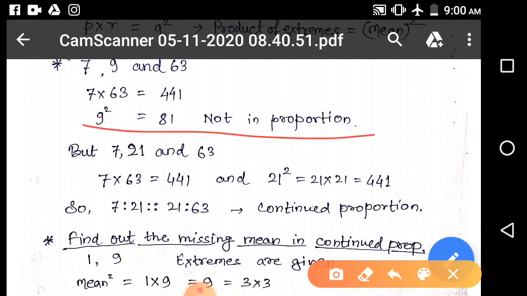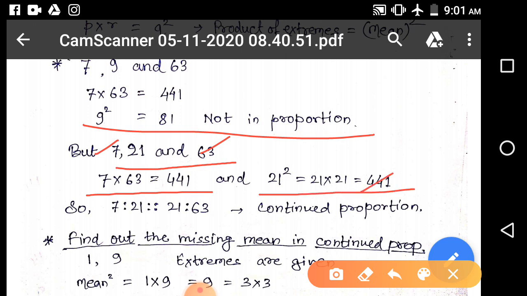Now we have 7, 21 and 63 as the three terms of a proportion, and here 7 and 63 are the extreme terms. After multiplying we get 441. Now the mean is 21, and 21 into 21, that is mean square, is equal to 441.